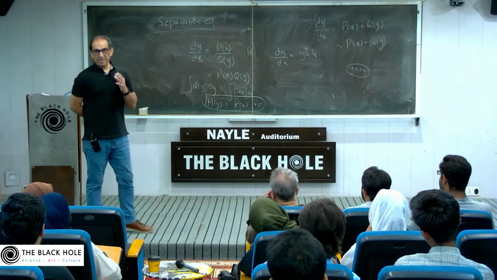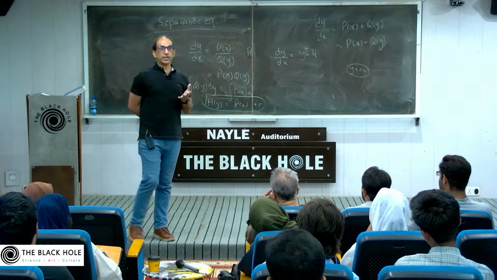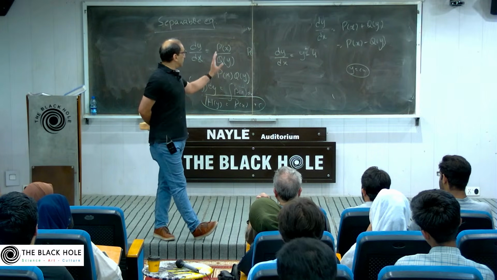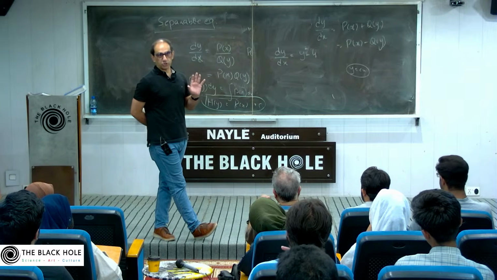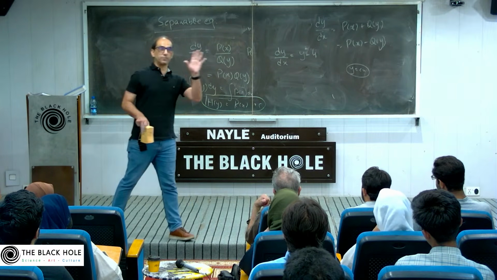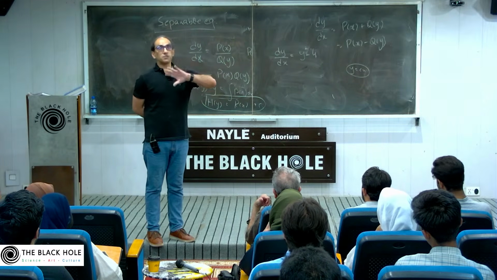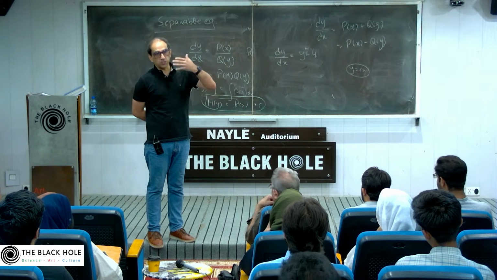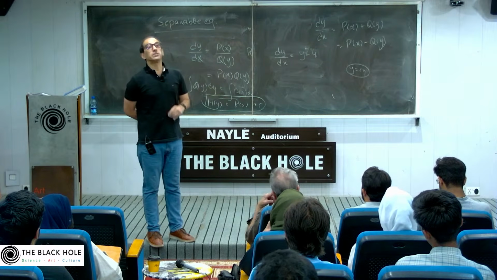Just by simple inspection, just like in dp over dt is equal to p into 1 minus p, I anticipated that there are two solutions.